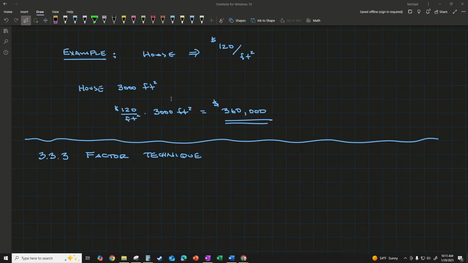Say our cost is going to equal a relationship like this: a summation of certain costs plus a summation of some factors times a certain number of units of those factors.